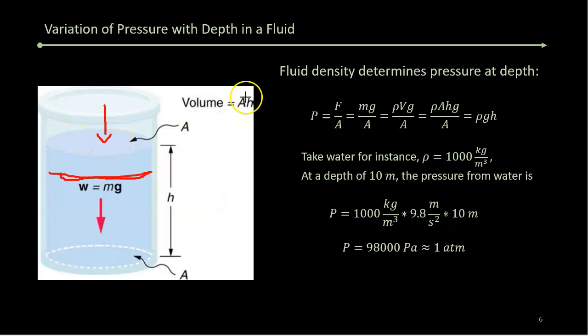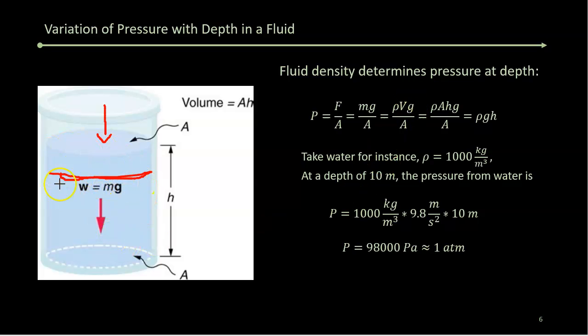And so when you look at fluid at depth, the pressure due to the fluid itself, not the atmosphere. We're going to ignore the atmosphere for now. The pressure due to just the weight of the fluid, right? Force per unit area. The force is the weight, mg. Well, m is rho, your density, times your volume.